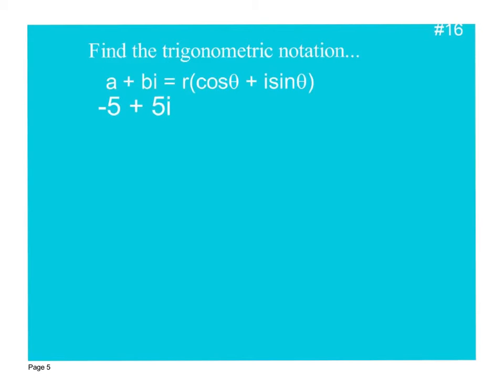Another example. Given our formula, let's try -5 plus 5i. First, identify A and B. Draw it. A is negative, B is positive. Drop down your altitude to form your reference angle.